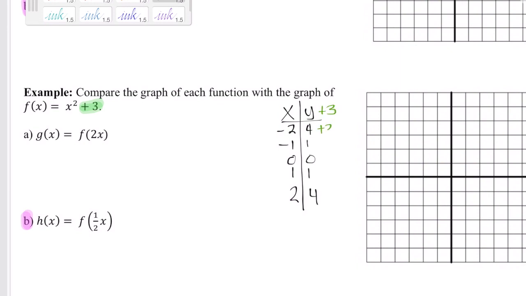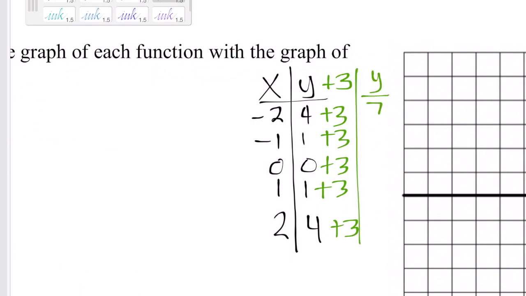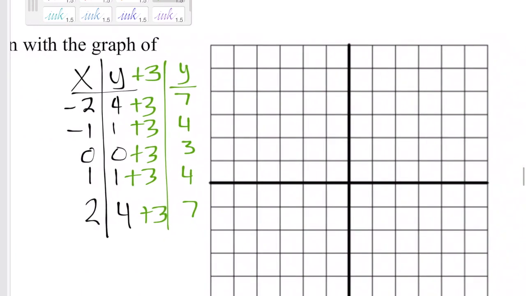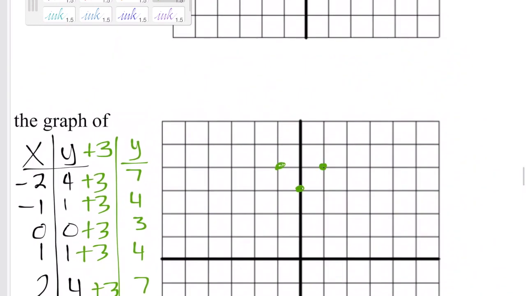And I'm shifting up 3. So because I'm shifting up 3, that means I'm adding 3 to all my y values. So this is what we're originally going to look at. This is what we're going to be making all of our comparisons on.